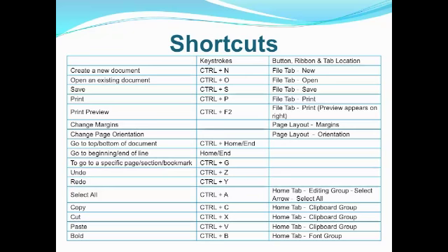I gave you the keystrokes, and I also gave you where you could find it on the button, the ribbon, and the tab layout. So, like with the first one, which is create a new document, you can either do Control-N, which would create the new document, which would be a blank form, or you go to the File tab and click New.